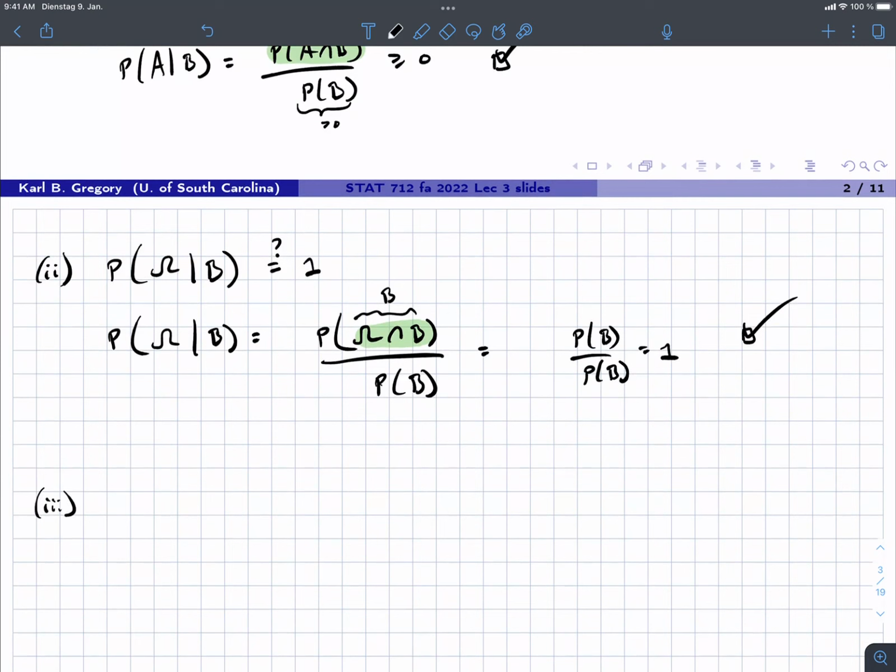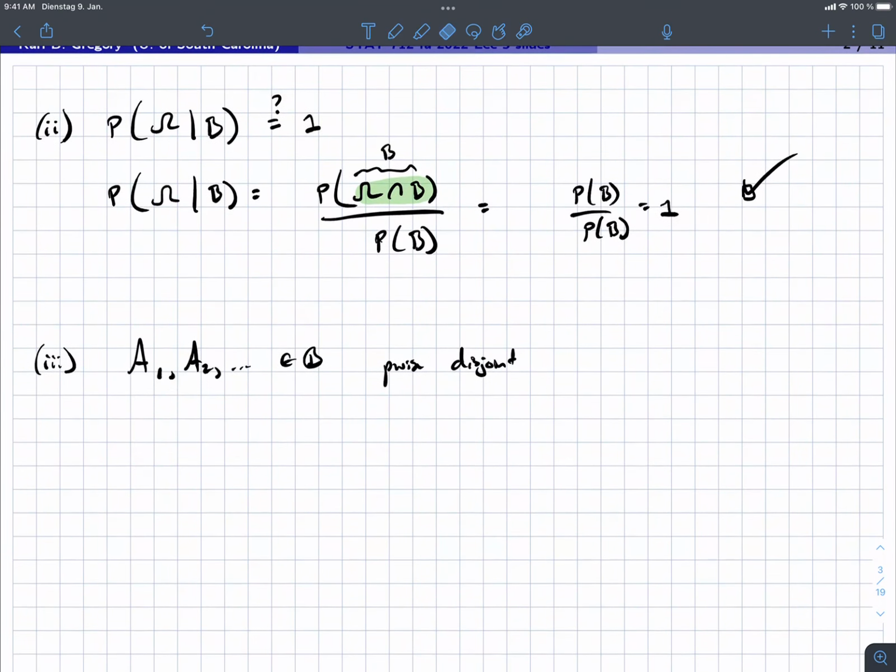The third one is that countable additivity one. So if I have A1, A2, and so on from my sigma algebra, which are pairwise disjoint, that means there's no overlaps amongst any of these, I want to check whether the conditional probability of the union, n equals 1 up to infinity, is equal to the sum of these.